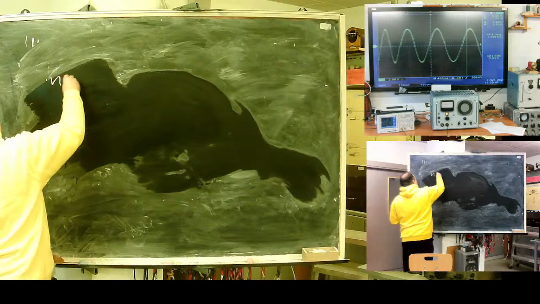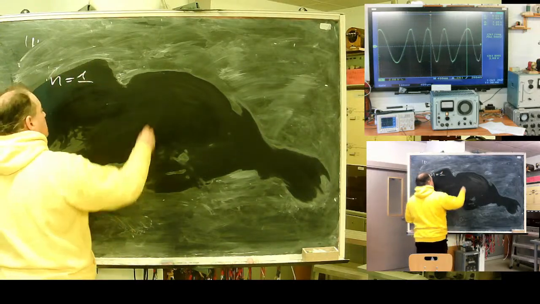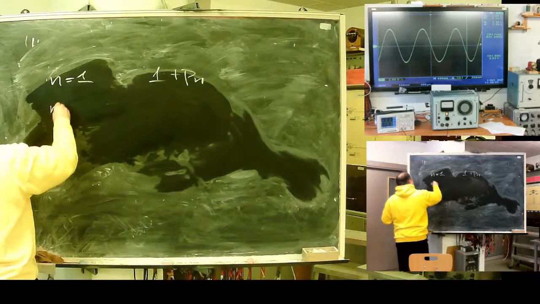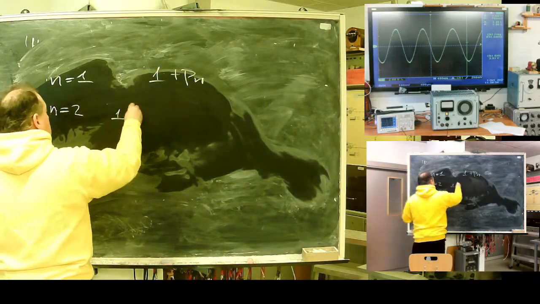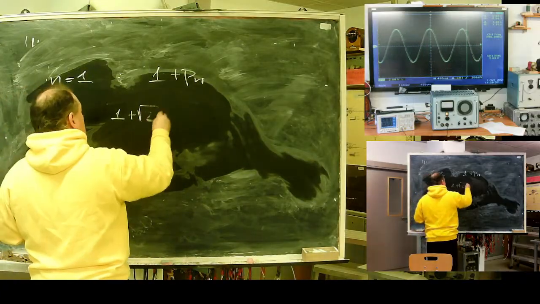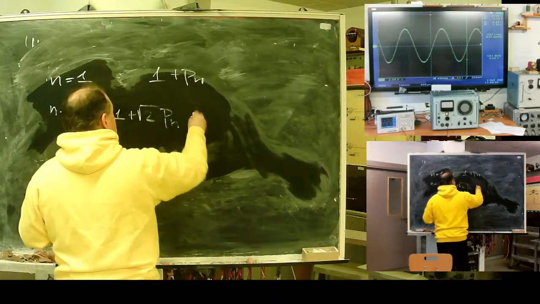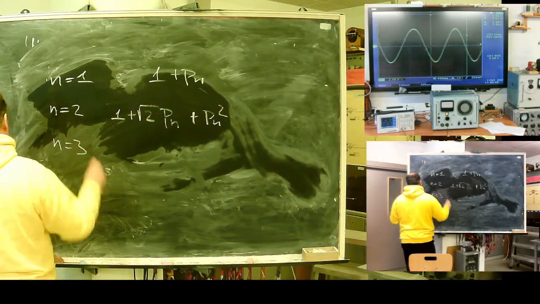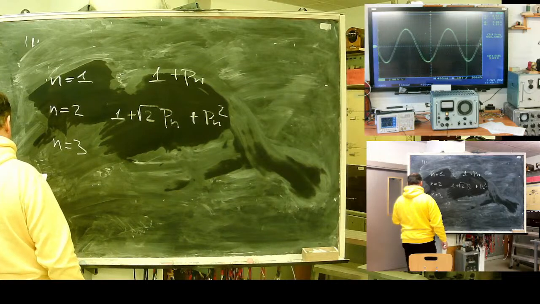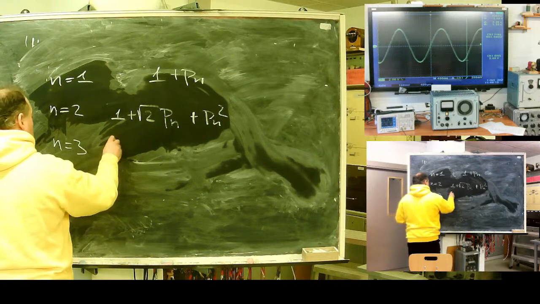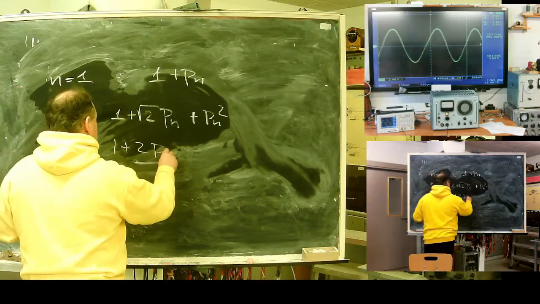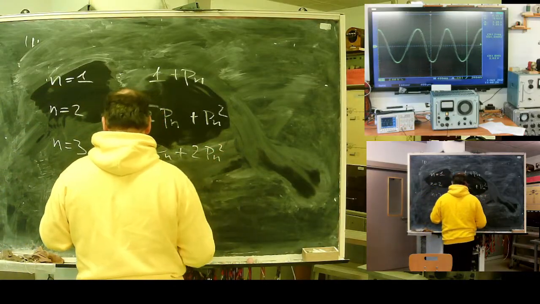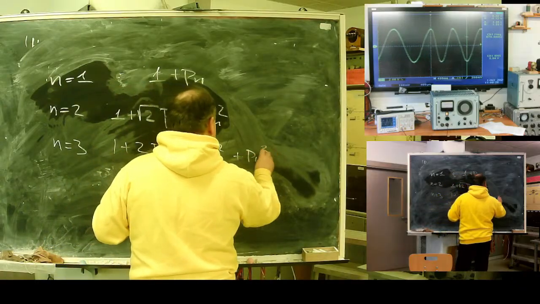For first order, the Butterworth polynomial gives us 1 plus normed frequency. For second order, 1 plus square root of 2 times normed frequency plus normed frequency squared. For third order, 1 plus 2 times normed frequency plus 2 times normed frequency squared plus normed frequency cubed.